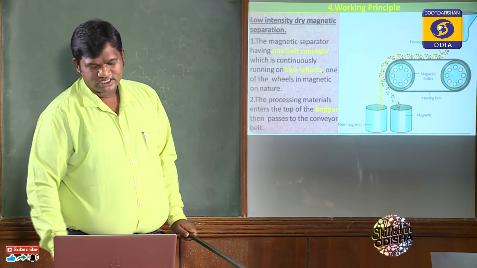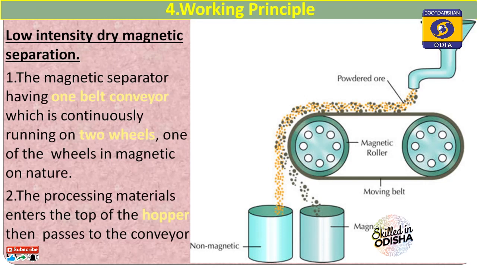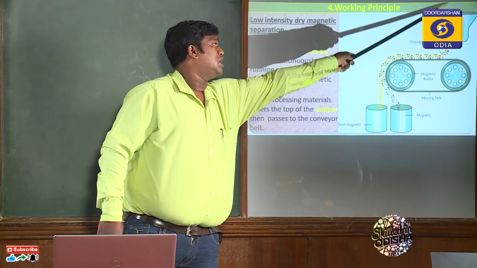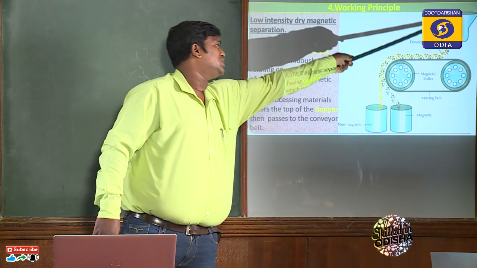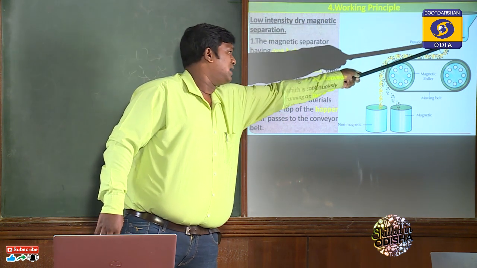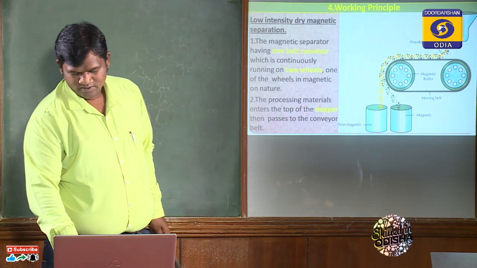Second, the processing material enters the top of the hopper, then passes to the conveyor belt. This is a hopper; the powder ore or concentrate ore enters the hopper and passes to the belt conveyor.